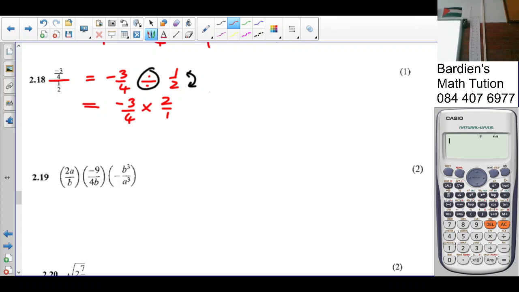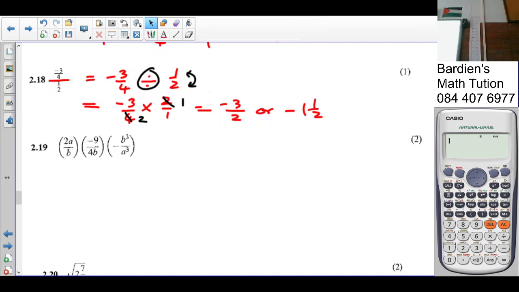Okay. So 4 goes into 4 once, 2 goes into 2 once, 2 goes into 4 twice. Negative 3 times 1. Negative 3. 2 times 1 is 2. Or you could have written it as negative 1.5. Okay, you all agree with that?